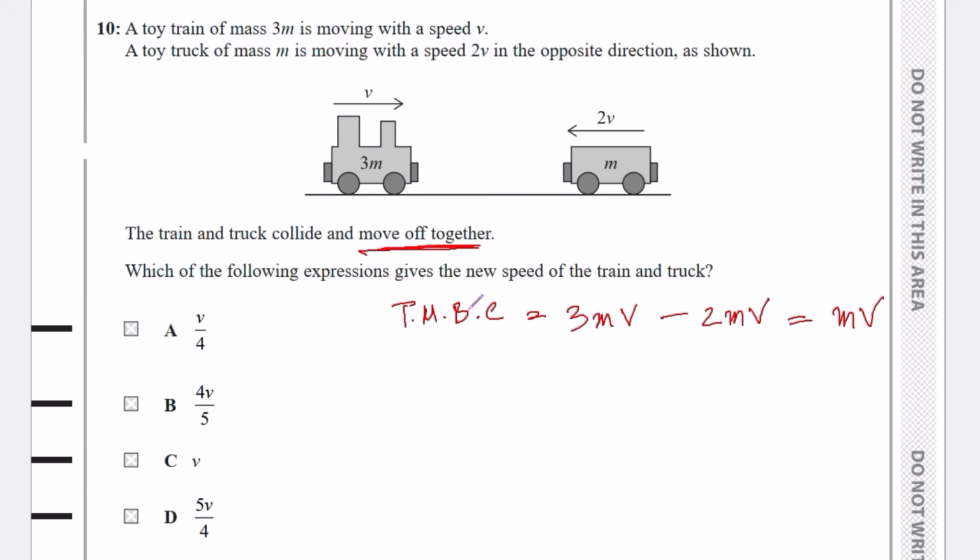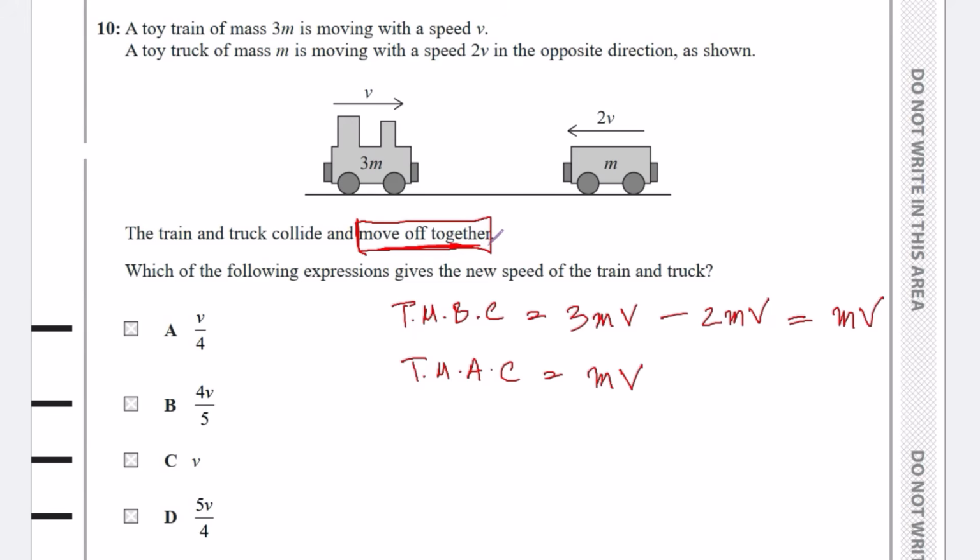And we all know total momentum before collision is always equal to total momentum after collision, right? So total momentum after collision is also equal to mv, right? But let's now focus on the move off together part.